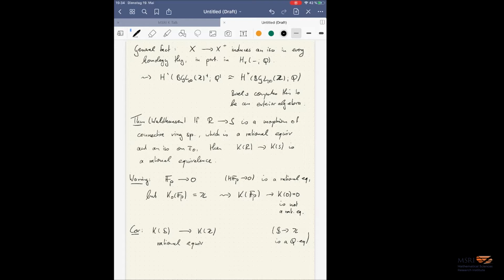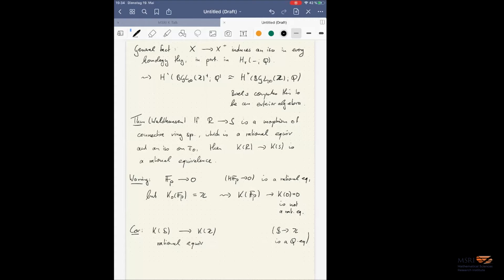And the motivation of Waldhausen to study this was that he could relate, by the stable parametrized h-cobordism theorem, knowledge about the K-theory of the sphere spectrum to knowledge about high-dimensional manifolds, particularly their diffeomorphism groups. And so he wanted to know something about this.